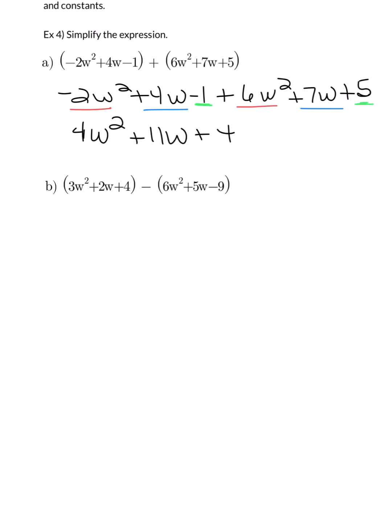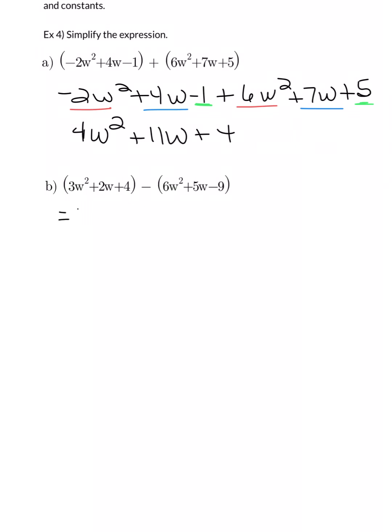In example B, we have two polynomials that are being subtracted. When you are subtracting that second polynomial, you have to subtract each term in the polynomial, or distribute that negative sign. So the effect is that each of the items in the second polynomial will change signs.